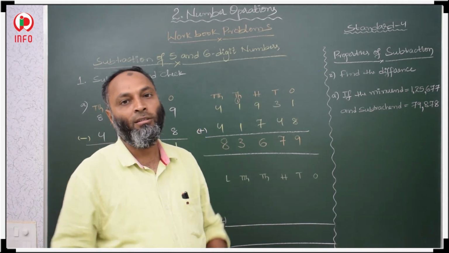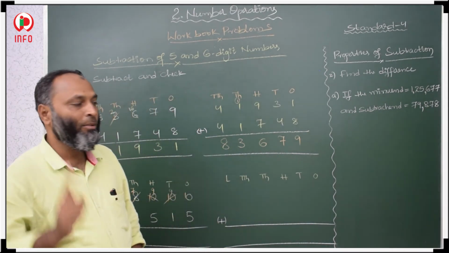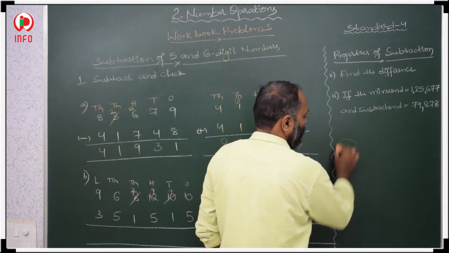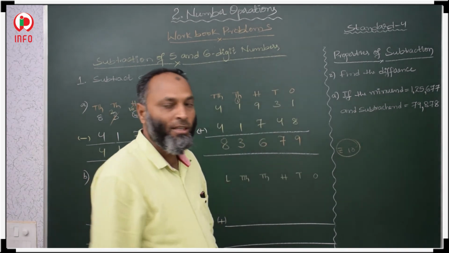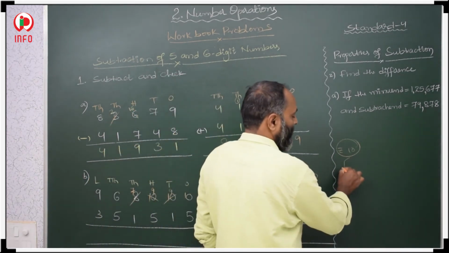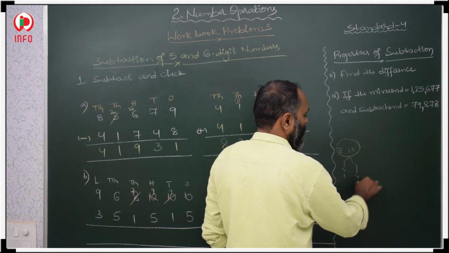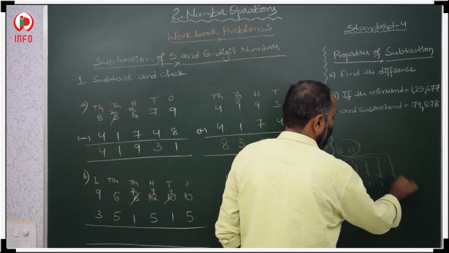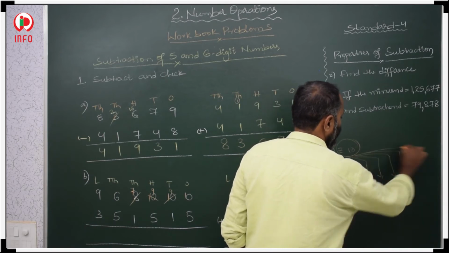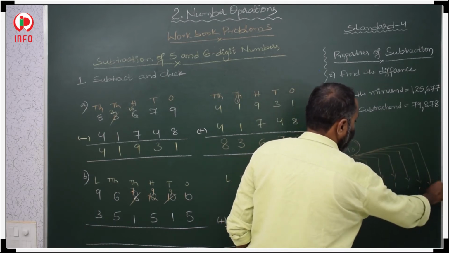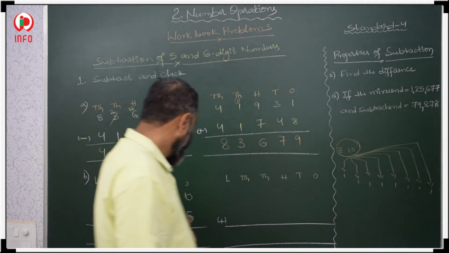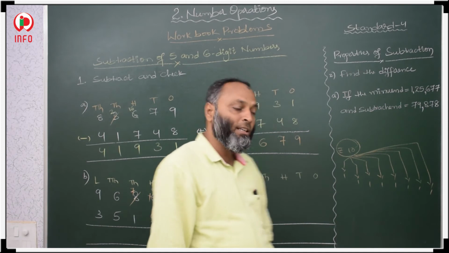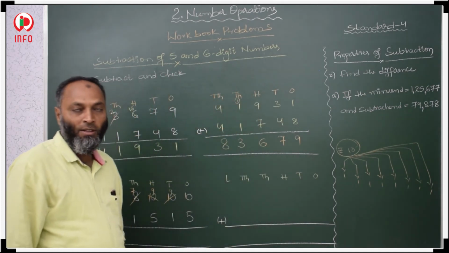So if I convert it into 1 rupee coins, I give 10 one rupee coins. Like that I get 10 ones.